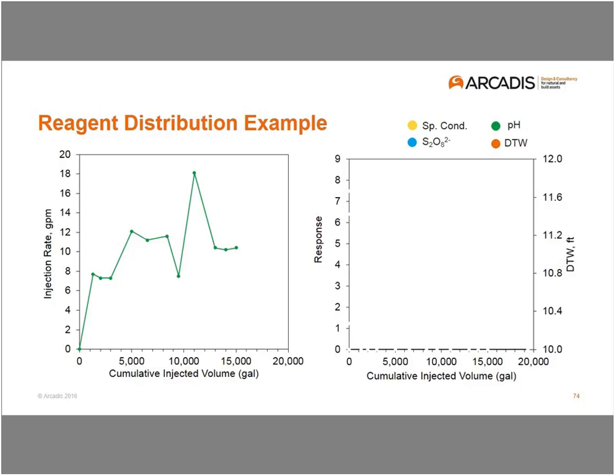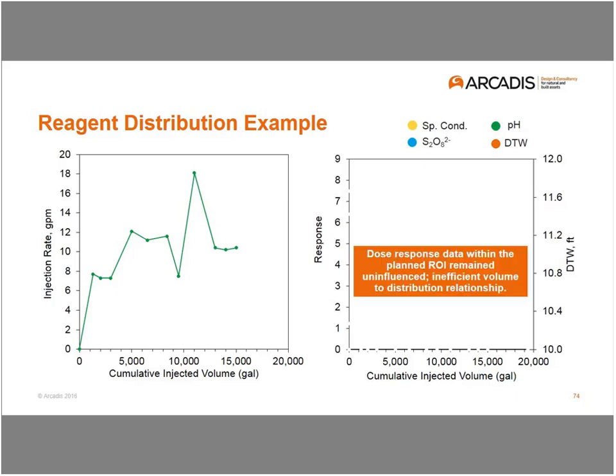the entire injected volume. So we would expect this to correspond to a response in either specific conductivity, pH, persulfate, this was the sodium persulfate injection, or depth of water, at least imposing a hydraulic response. But we didn't see any response over the course of the injection at the corresponding radius of influence.